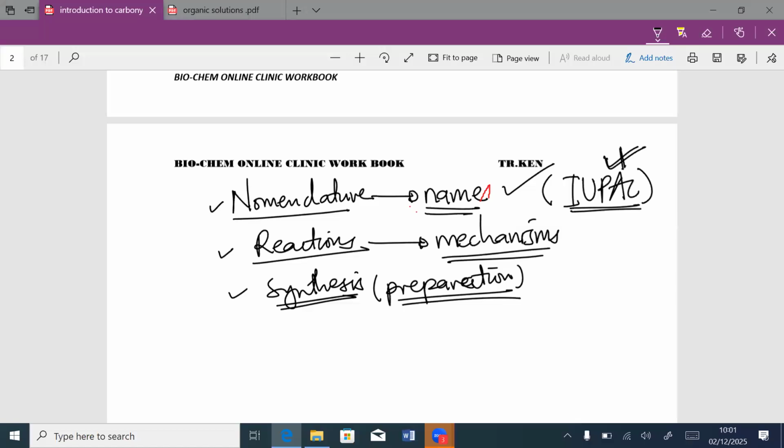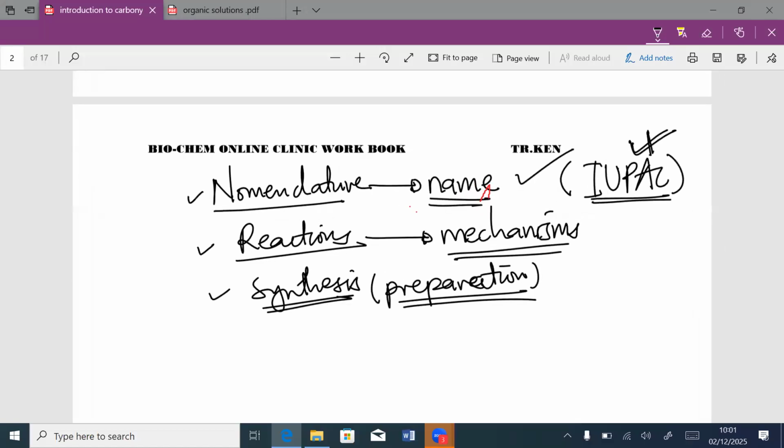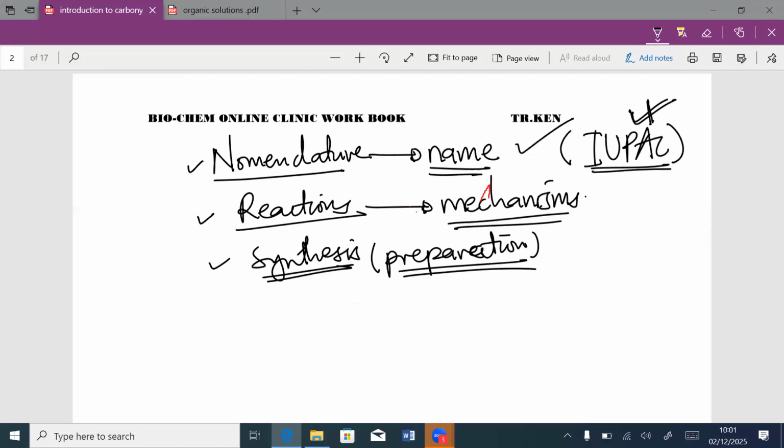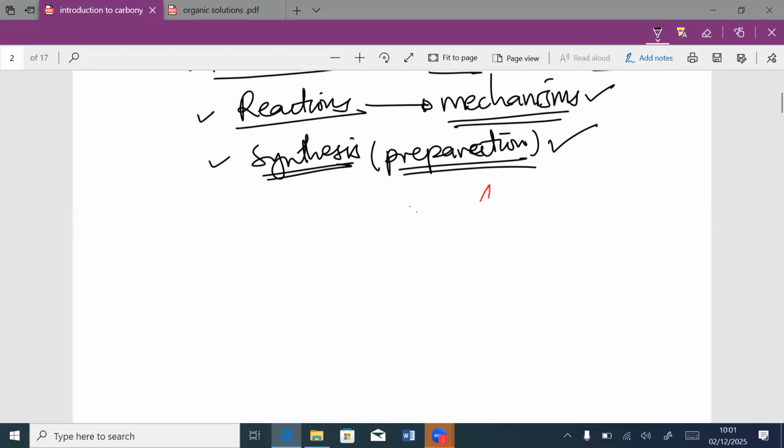So IUPAC actually has dealt with that. Then we look at the reactions, the mechanisms, then the synthesis, how we prepare those organic compounds. That is very, very key. Now, allow me to delve into the nomenclature.